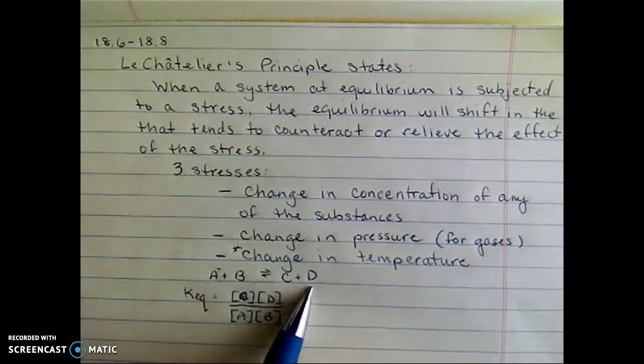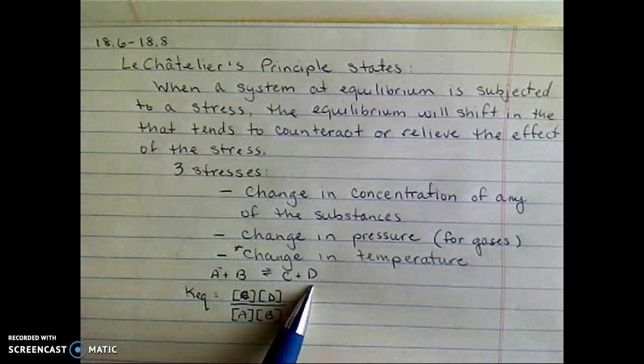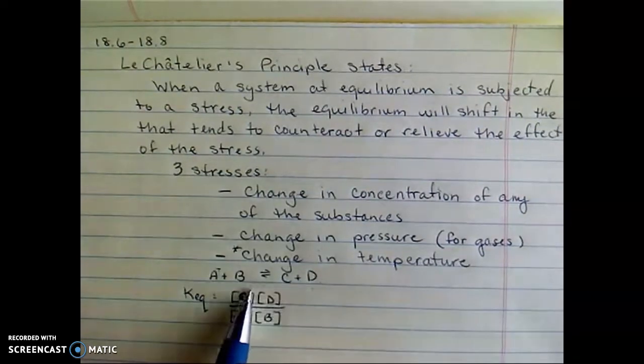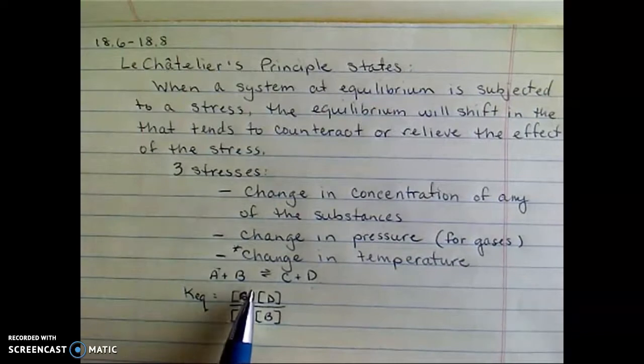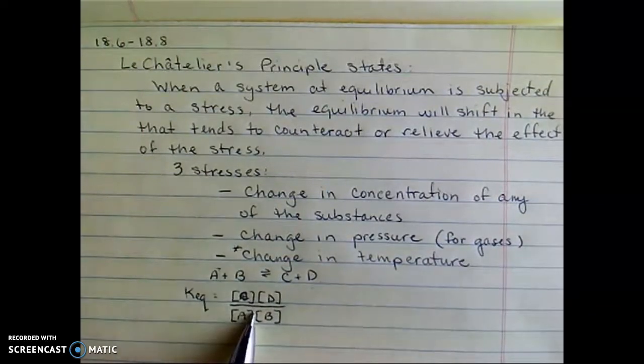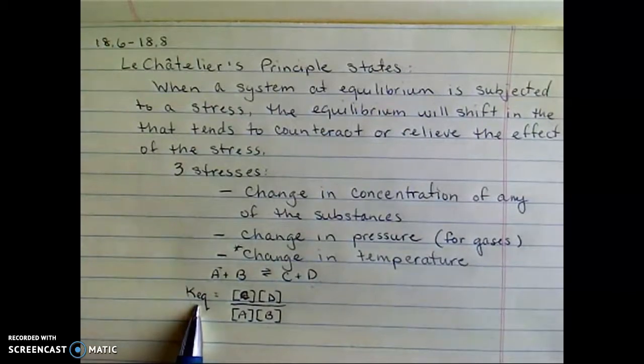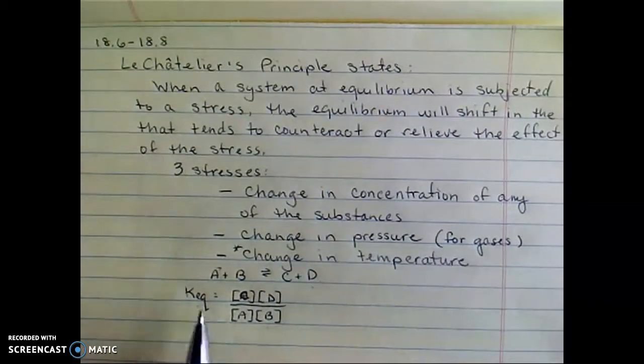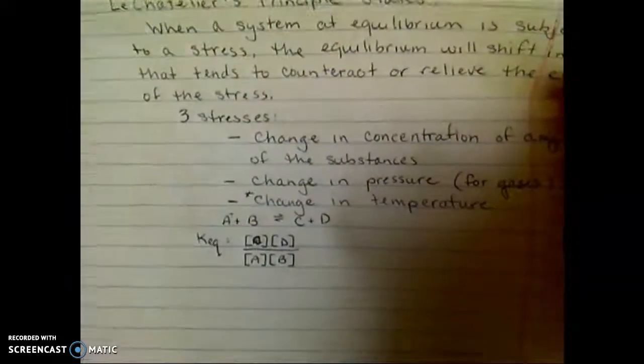And so the forward reaction is going to be occurring at a faster rate than the reverse reaction. So this will happen for a little bit until it can balance out again and give us the same equilibrium constant.